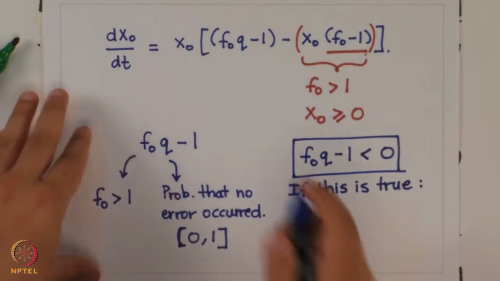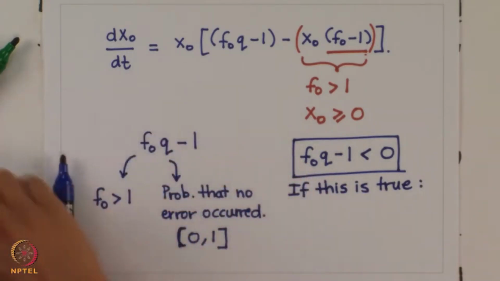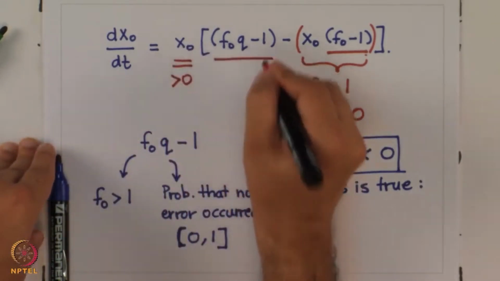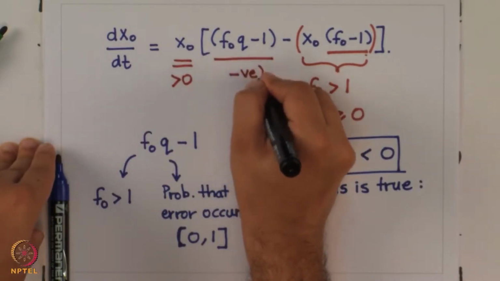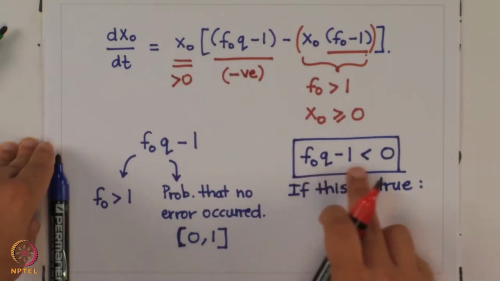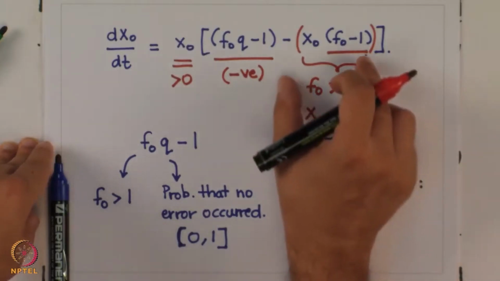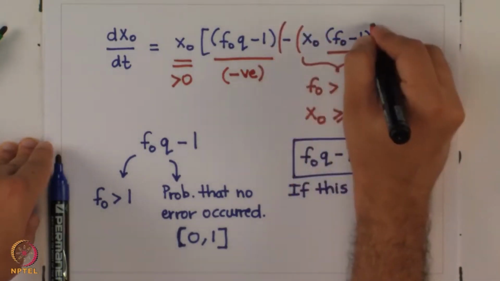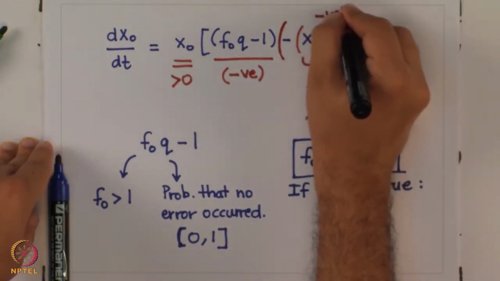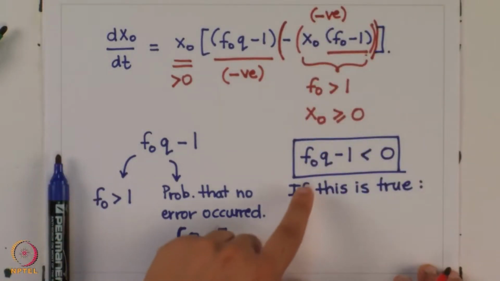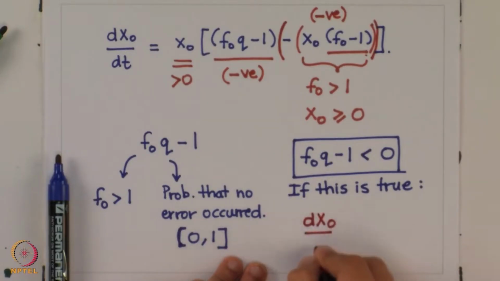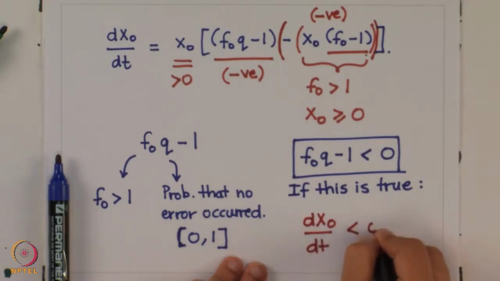If this holds, then in the dx naught by dt equation, this quantity is positive, and this quantity is negative, because we are dealing with the situation where f naught q minus 1 is less than 0, and this entire quantity, starting with this negative sign going up to the end of the expression, is also negative. So, if this condition is satisfied, then the sign associated with dx naught by dt is less than 0.